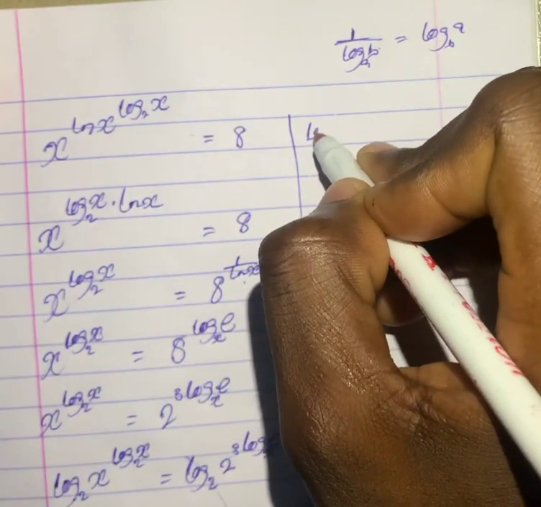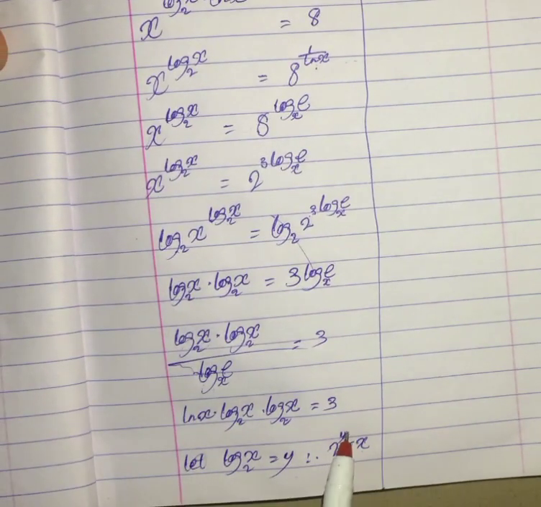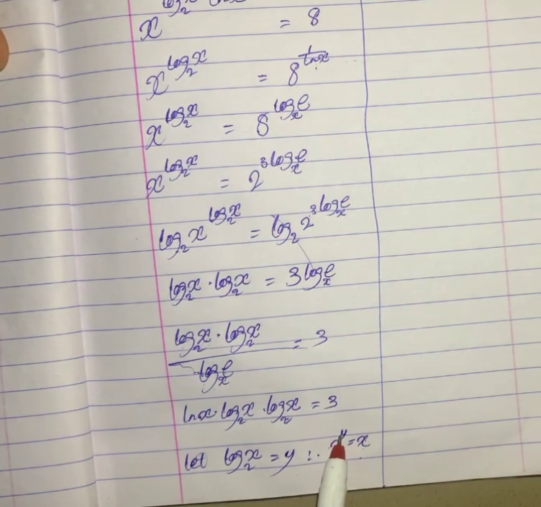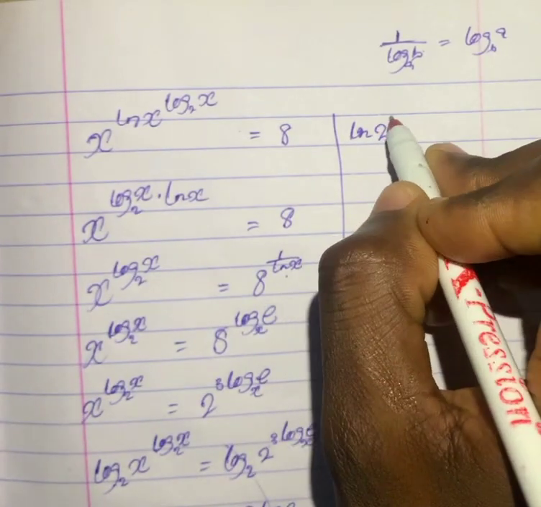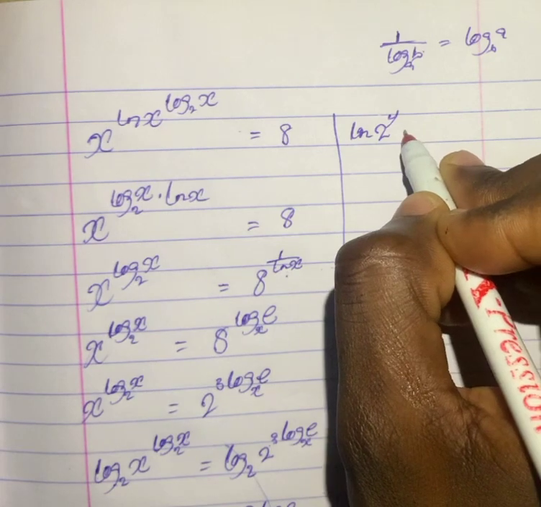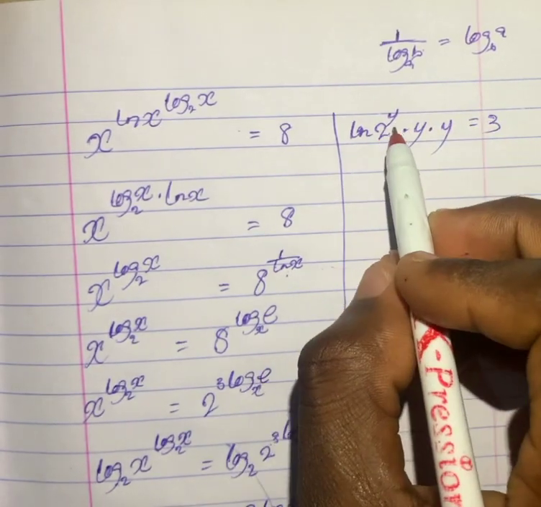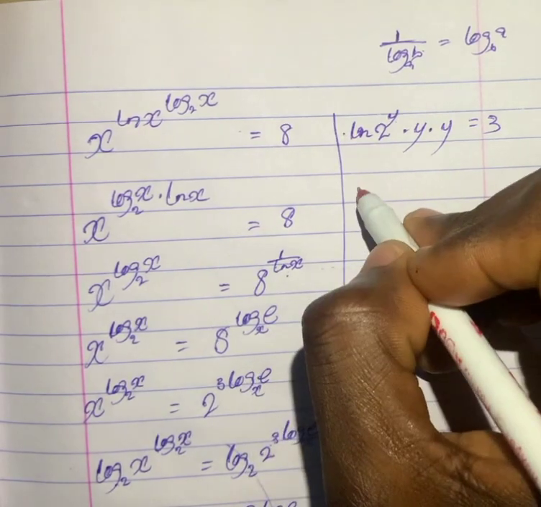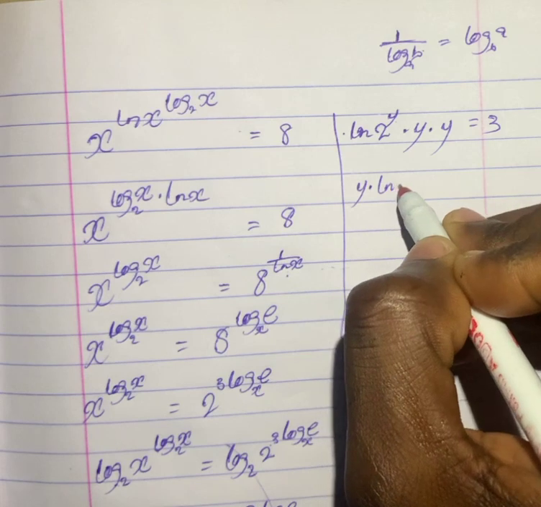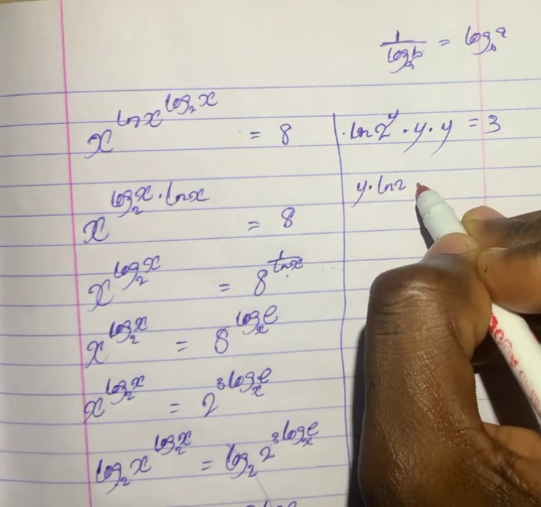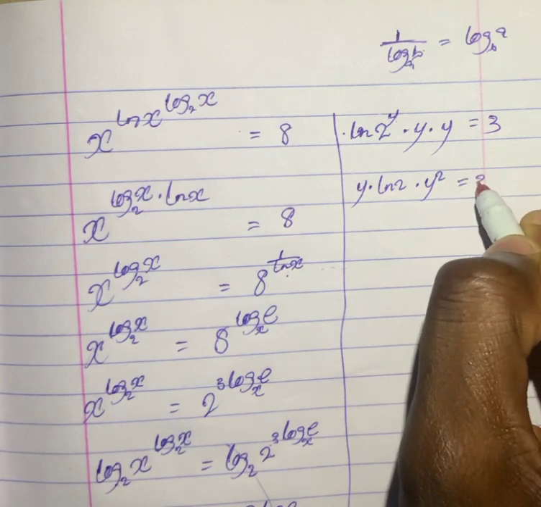You already know x is 2 raised to the power of y, so you put ln of 2 raised to the power of y, which is y ln 2, times y times y equals 3. You see y times ln 2, and this is times y squared equals 3.